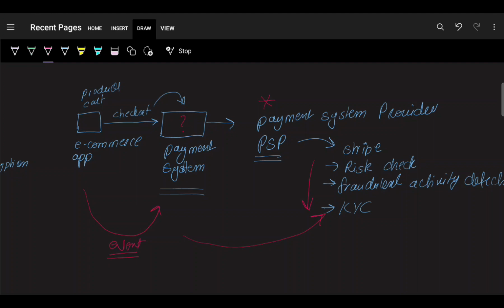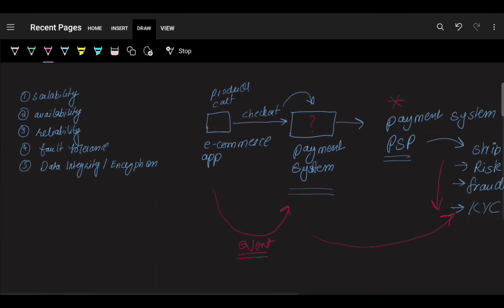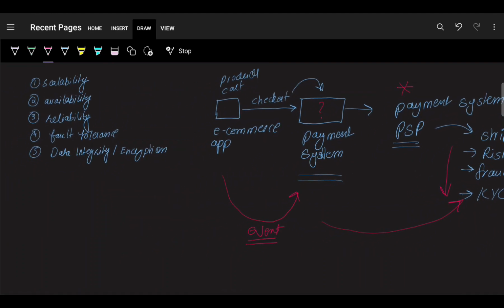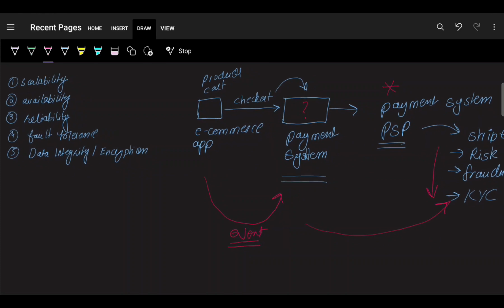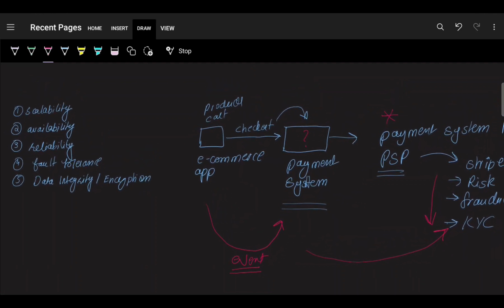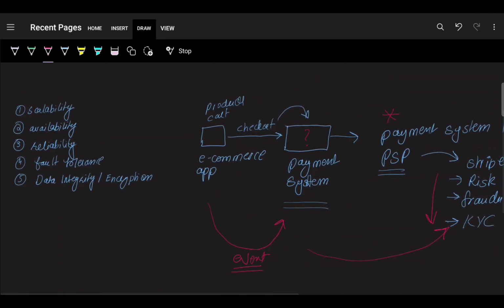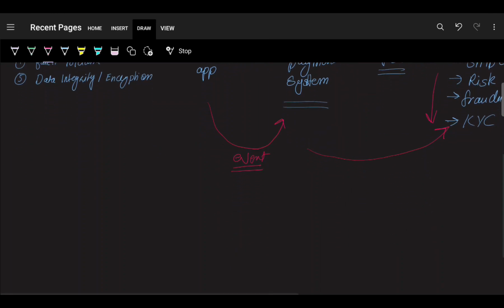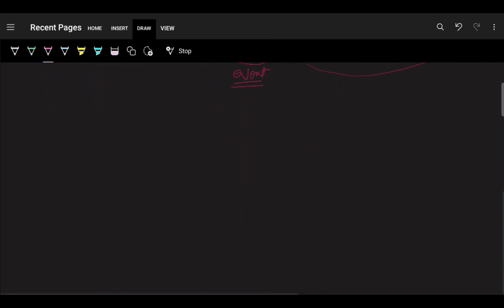If it fails, then what are the steps that we can take to ensure that this event actually lands up at its destination? So this is what a payment system is basically all about. And this is what we're going to focus on within our system design problem. So I hope this bit is clear. Let's take this further and let's talk about the next steps.